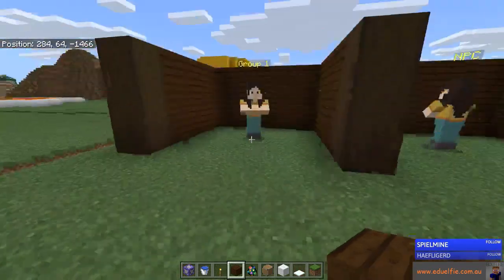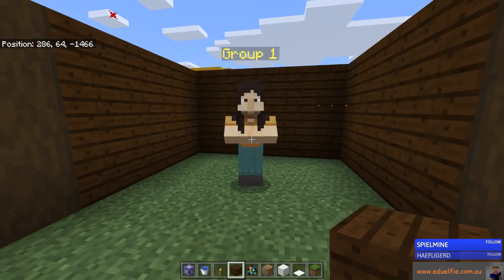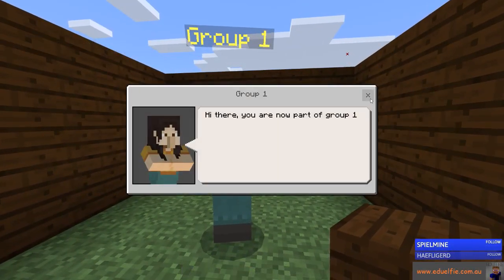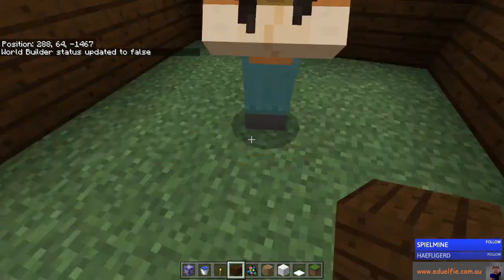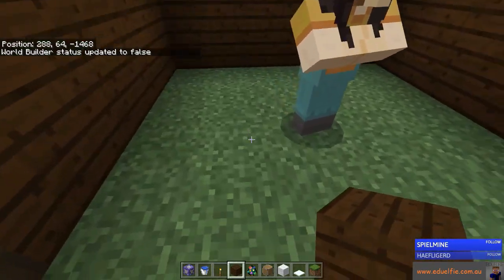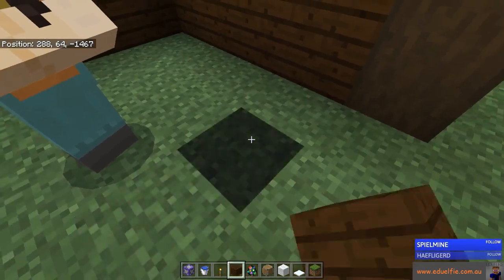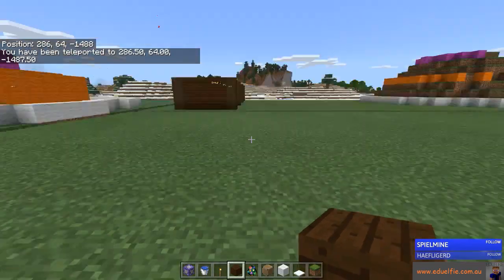So let's go back to group 1 and change his coordinates to be 286 64 negative 1488. So now if I get out a world builder and talk to him, now part of group 1, was I not close enough? Okay, so radius of 2. Yeah, okay.